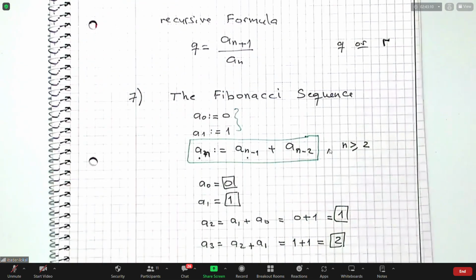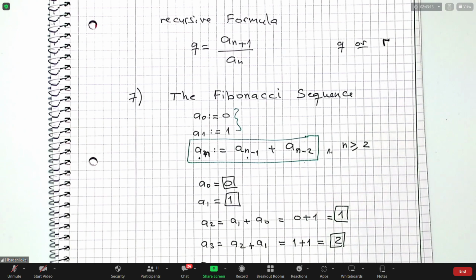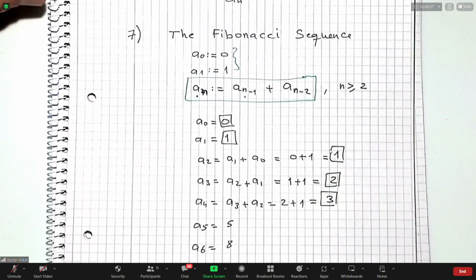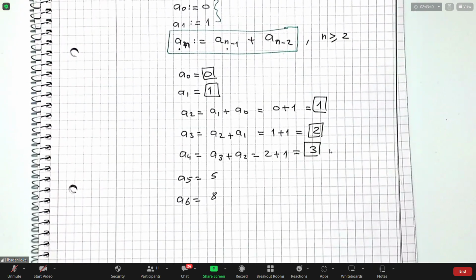Now the next element will be A4 equals A3 plus A2, which is 2 plus 1, and this is 3. A5 equals 5. A6 equals 8, and so on. So all in all, you will be generating this by adding the two previous terms to each other.